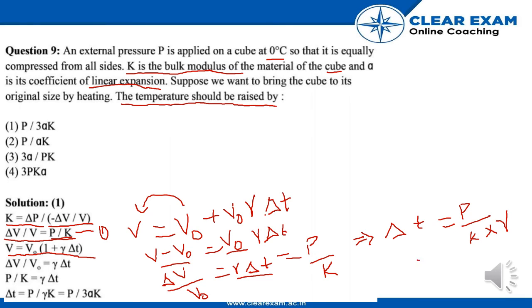K is the bulk modulus which was given, and gamma will be 3 alpha. So this is the correct option.